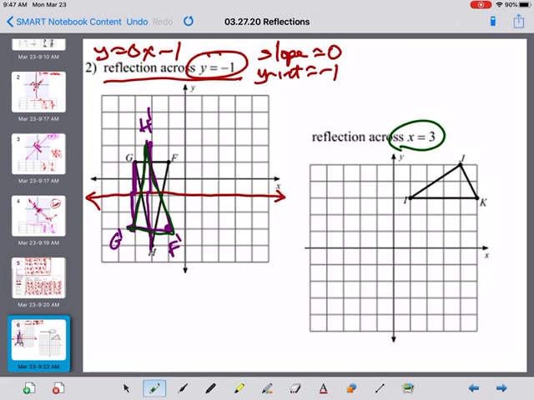Now, x equals 3 for the next one. That is a vertical line. Remember, x equals means the x stays constant at 3 while the y's change. That has undefined slope. So now let's reflect this triangle.